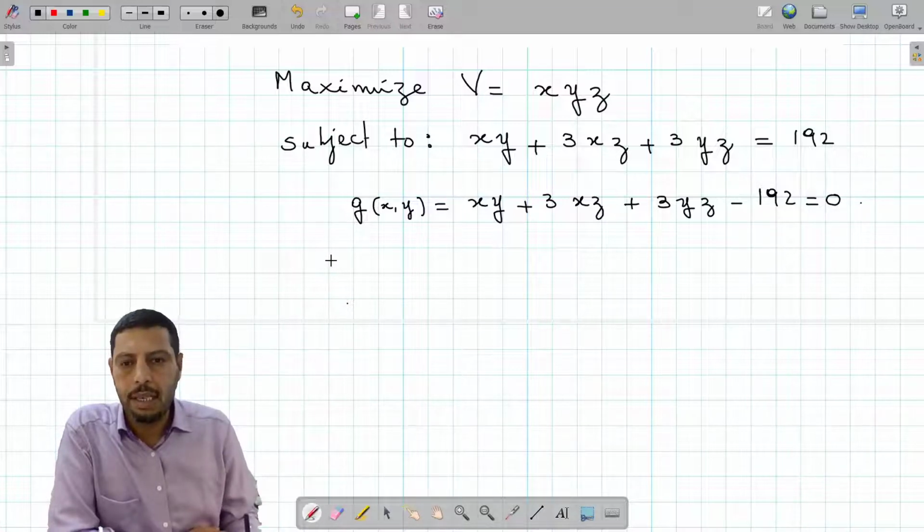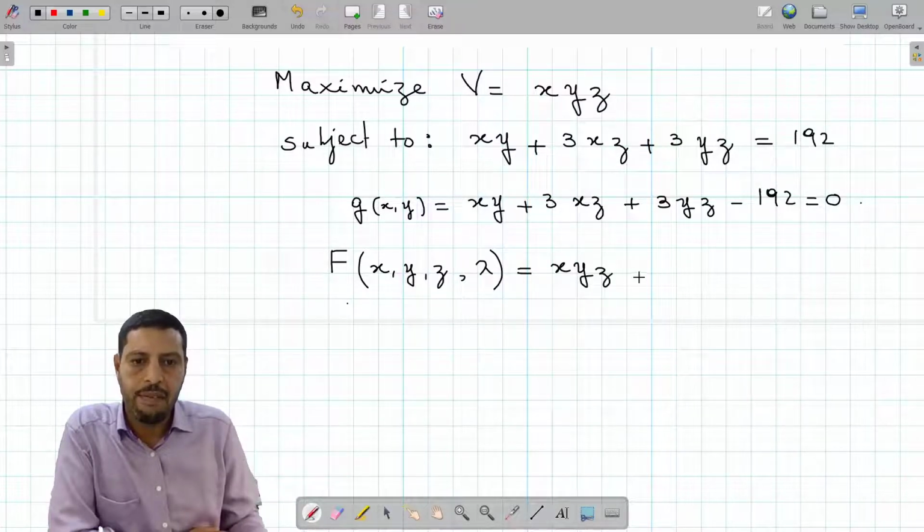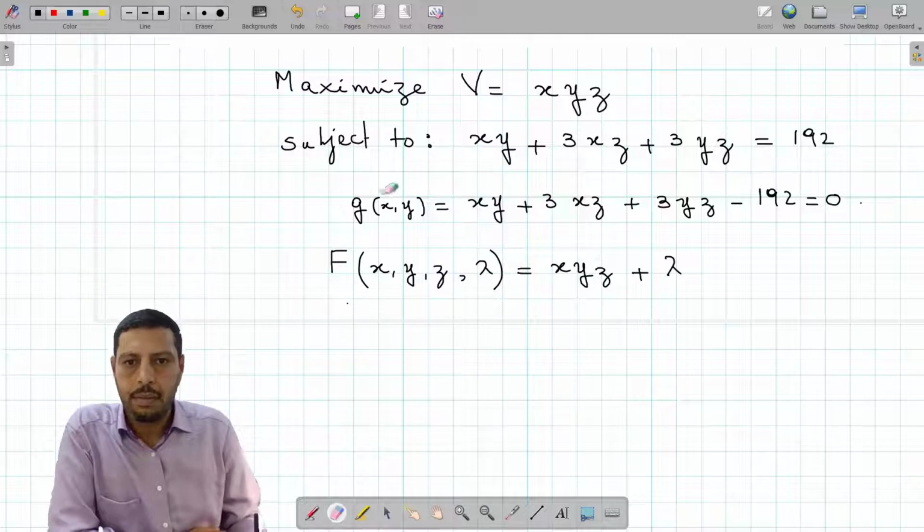The second step is to construct our capital F function. So here we have x, y, and z variables, and we have to include a fourth variable, lambda, and we construct F(x,y,z,lambda) as the volume, which is xyz, the objective function, plus lambda times the constraint g of x, y and z. Sorry, I forgot the z here.